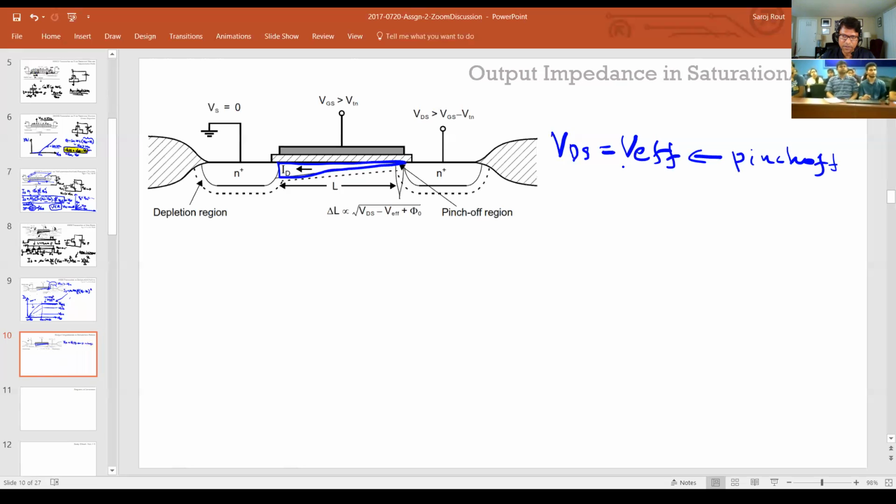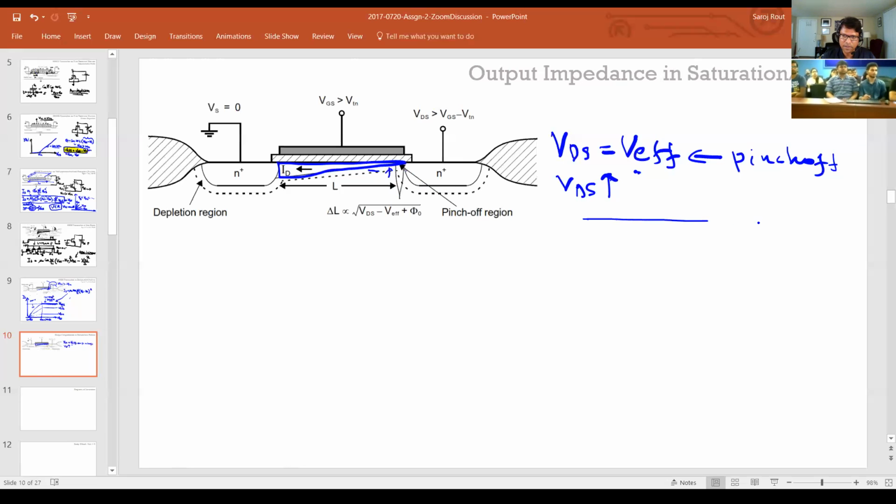That's where you get constant. But what happens as I keep increasing VDS above this voltage? Because now the voltage closer to drain was pinched off, now the voltage closer to source will get pinched off, and it'll start traveling. It'll travel at a much slower speed, but the pinch off will travel.